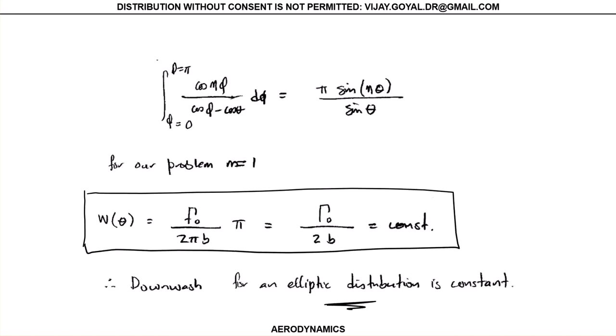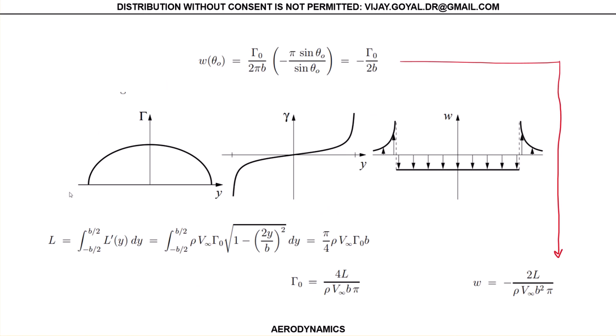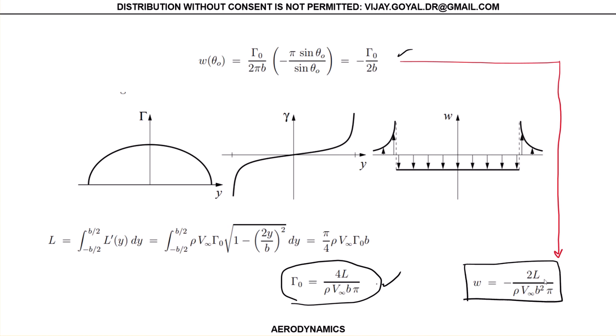To better understand this, if I plug in all the expressions, you find that gamma is equal to that, and gamma is equal to this as well. Then combining this term and this term, you can show that the downwash velocity gives you this if you knew the total amount of lift in a problem.